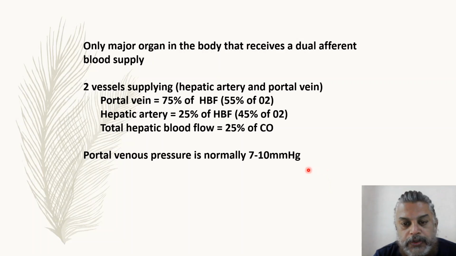In this way you will know that it is so important that almost 25% of the cardiac output goes to a part of the body which is not more than 2 to 5% of the total body weight of the person. The portal venous pressure is normally 7 to 8 millimeter of mercury.